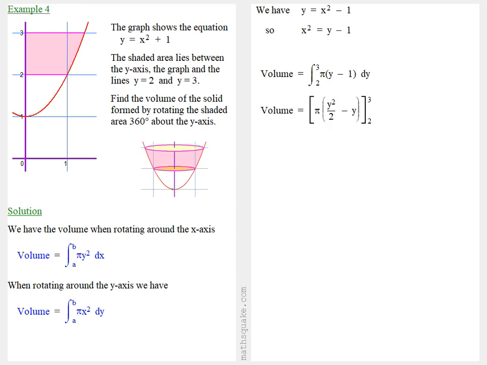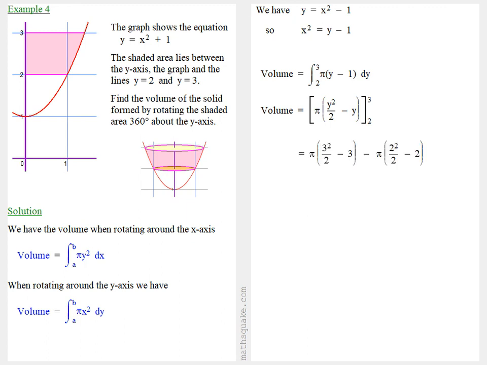Now when we integrate y, we get y squared over 2. And when we integrate minus 1, we get minus y. So we want to substitute 3 into pi times (y squared over 2 minus y), and subtract substituting 2 into pi times (y squared over 2 minus y).